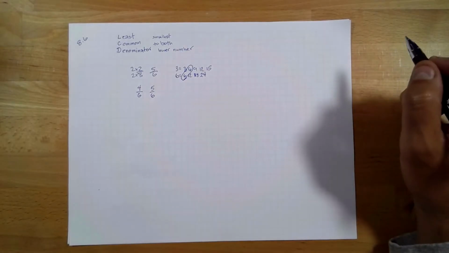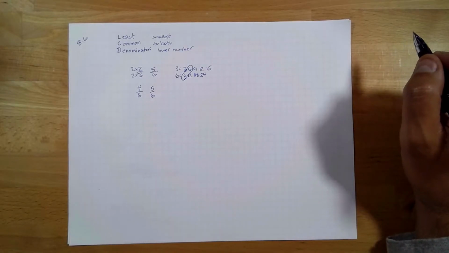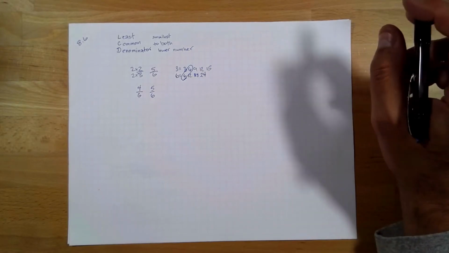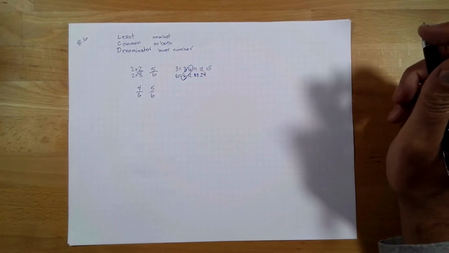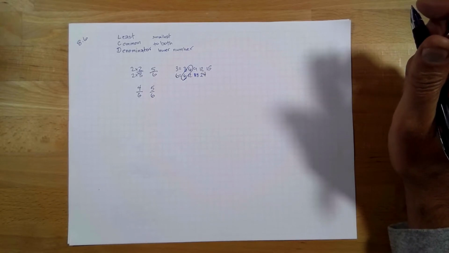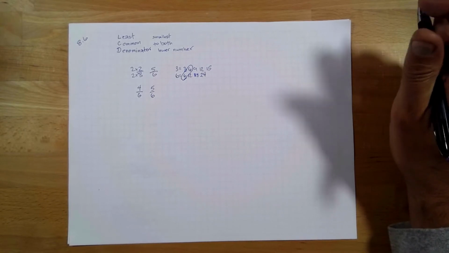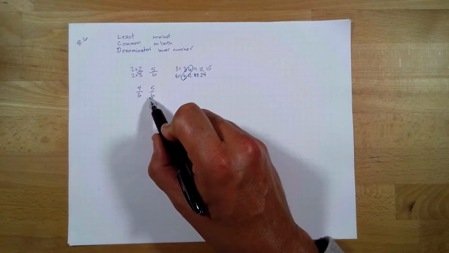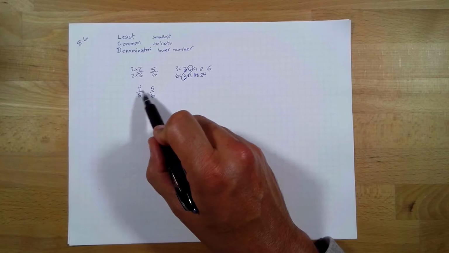Now, the other part that this lesson wants us to do is compare fractions. So whenever a math book asks you to compare anything, they're generally asking you, is it greater than, less than, or equal to? So now, since both denominators are the same, you just look at the upper number.